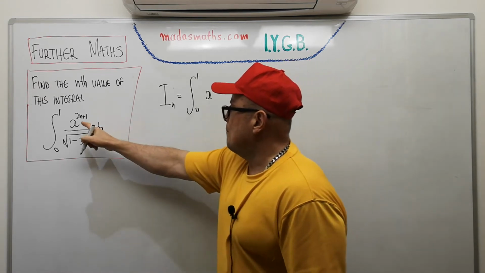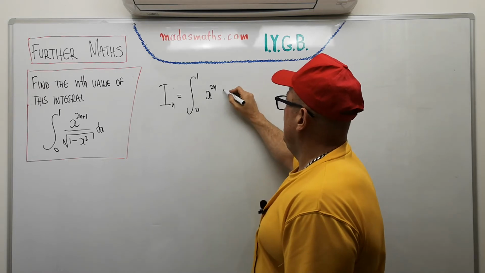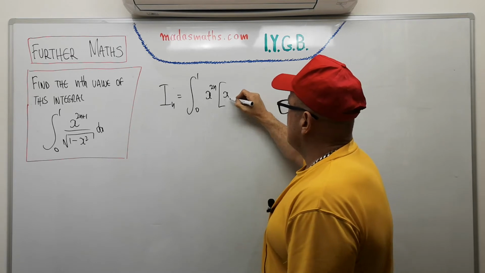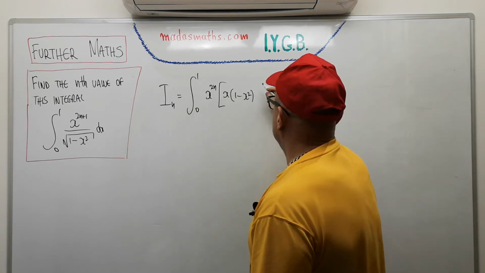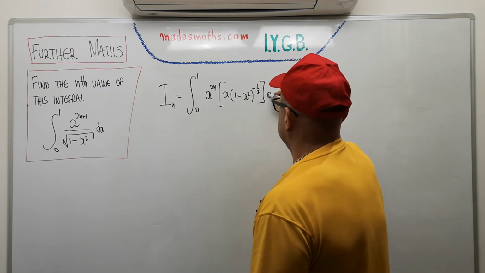So I will borrow the plus 1. That's perhaps why it's there. So I'm going to write it as x to the 2n, and the extra x I'm going to write in front of the 1 minus x squared to the power of minus a half. So that's exactly the same.